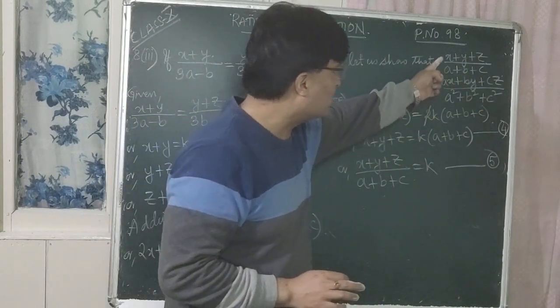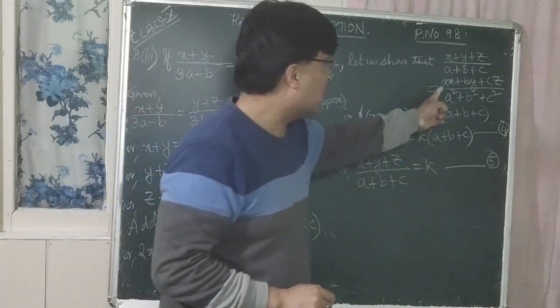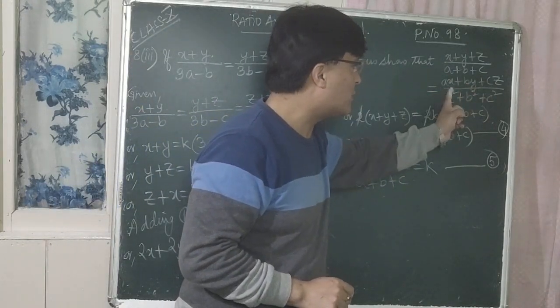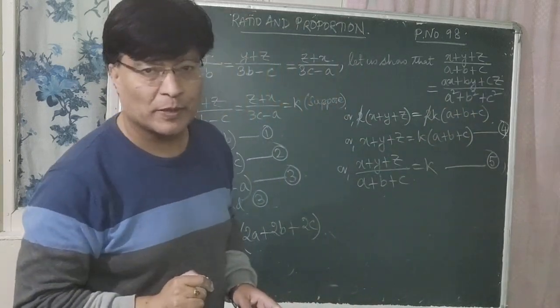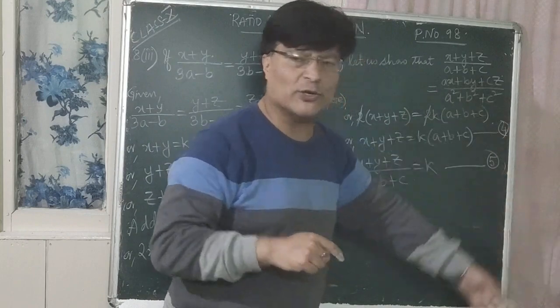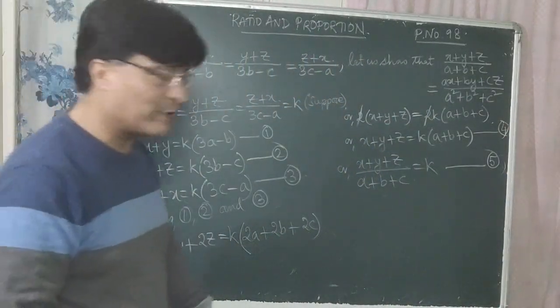Again, in order to prove LHS is equal to RHS, you should prove that ax plus by plus cz upon a square plus b square plus c square is equal to k also. You have to prove that this right hand side is also k. What is the method for proving this?